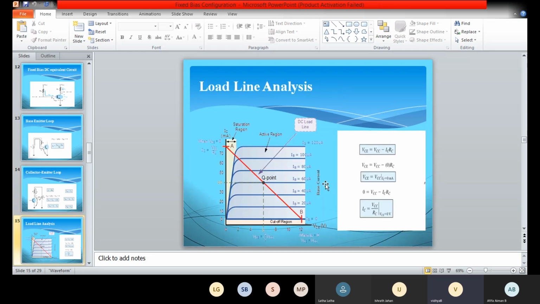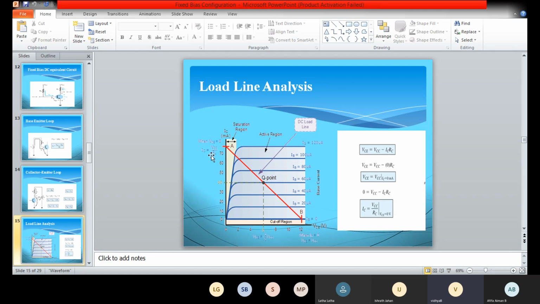Next, load line analysis. In this load line analysis, first make VCE equal to 0. Then from this equation, if we make VCE equal to 0, what do you get? IC equals VCC divided by RC.